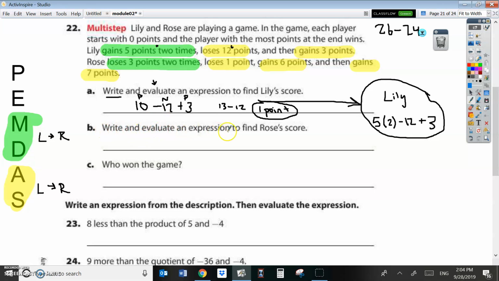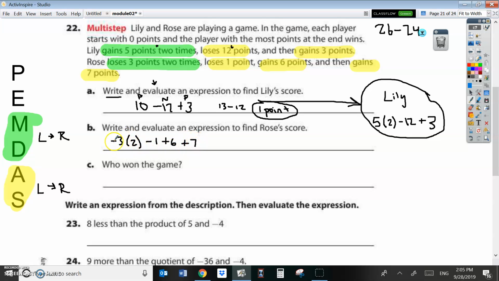Write and evaluate an expression to find Rose's score. Rose loses 3 points 2 times. So minus 3 times 2. She loses 1. Gains 6. And gains 7.